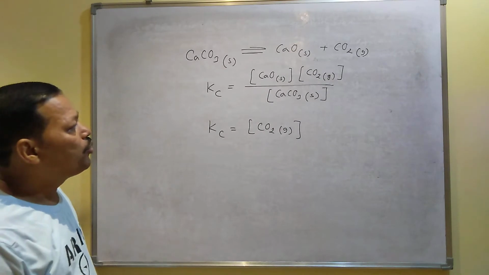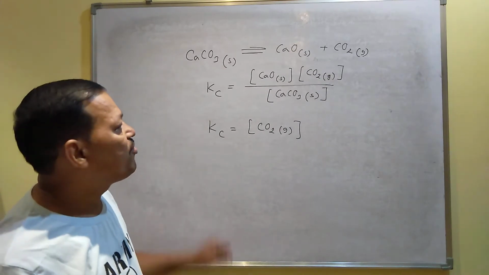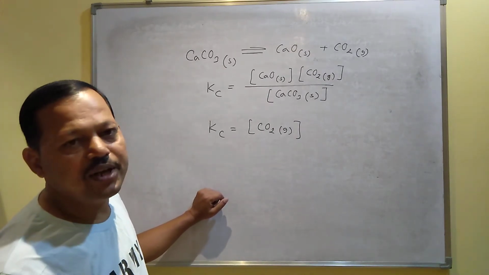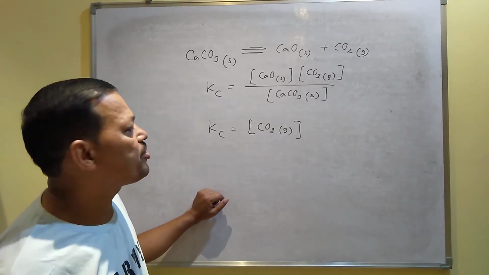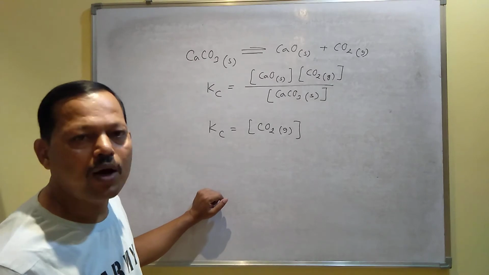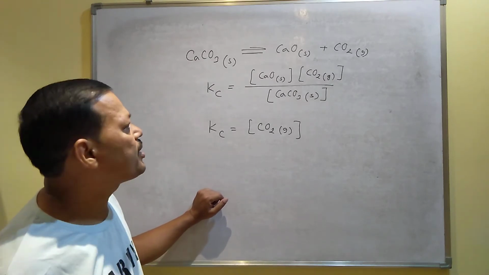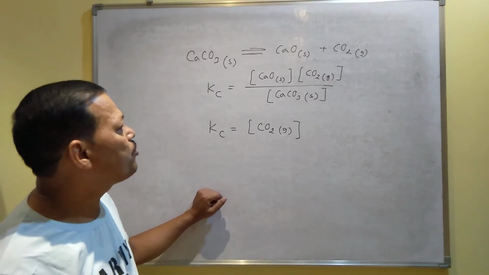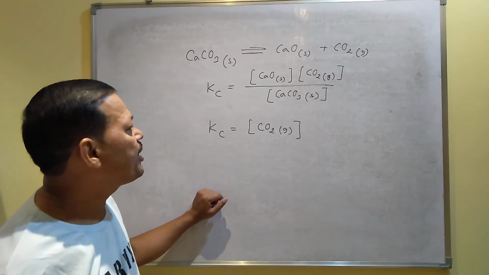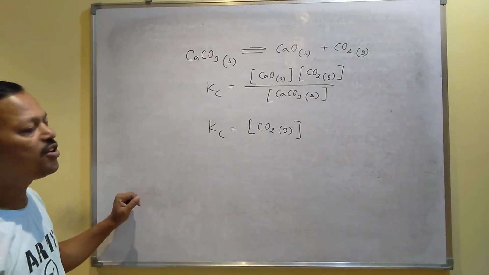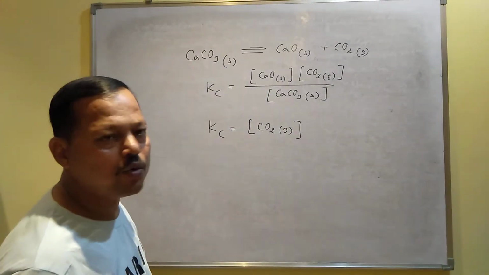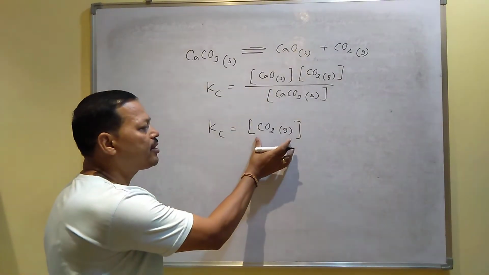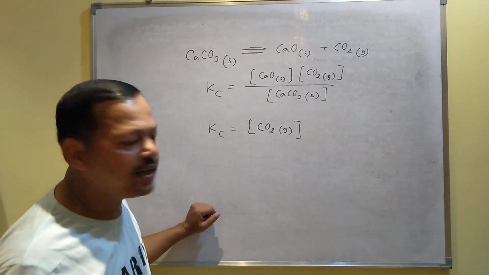So when you express the equilibrium constant for a reaction, and if some reactants or products are in solid state, then that solid substance's concentration is always considered as 1. In exams also, if you get a question, if you get an equation, and you want to write the Kc for the reaction, then if the reaction contains some solid substance, that solid substance's concentration you always consider as 1. Ultimately in Kc you will get only the concentration of carbon dioxide gas.